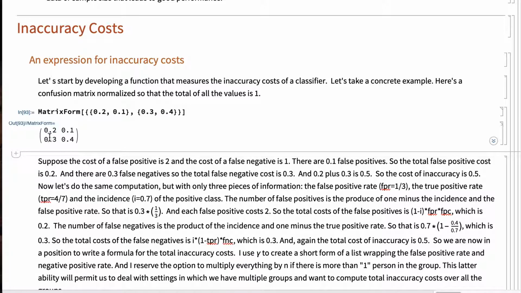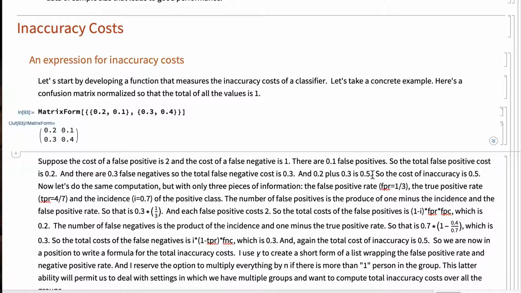And there are 0.3 false negatives, so the total false negative cost is 0.3 times 1, which is 0.3. And 0.2 plus 0.3 is 0.5. So the cost of inaccuracy is 0.5.